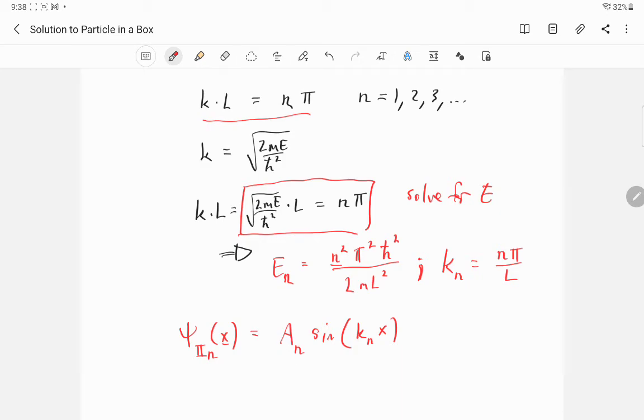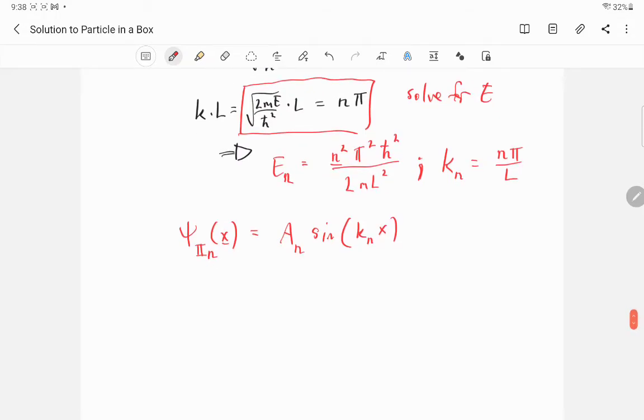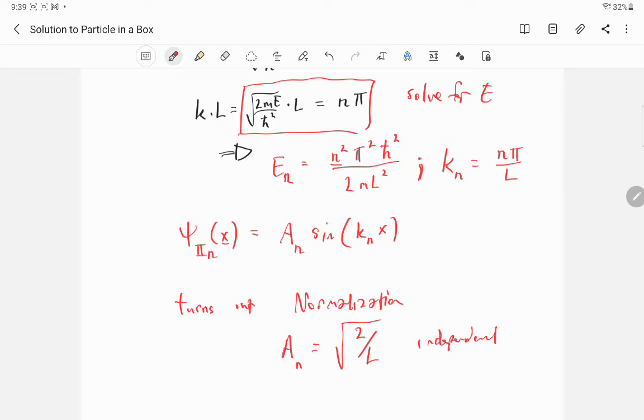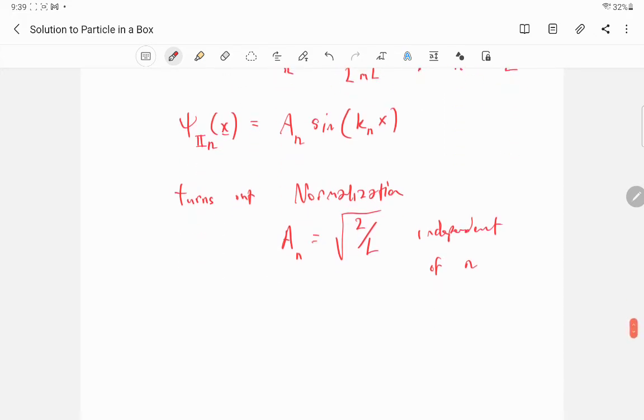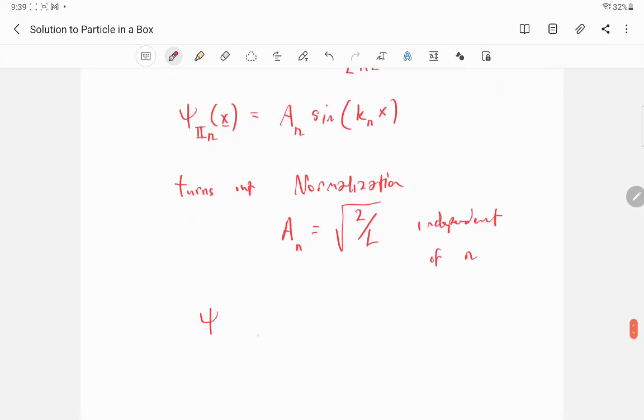It also might be labeled by n. It turns out, though, that the normalization A sub n is the square root of 2 divided by L, so independent of n.